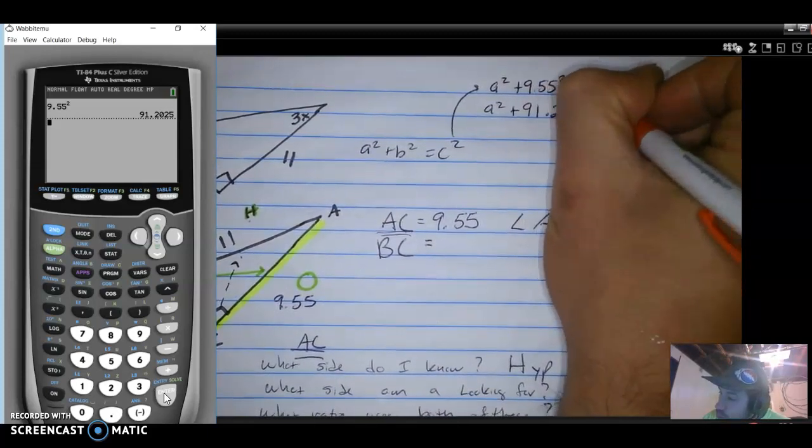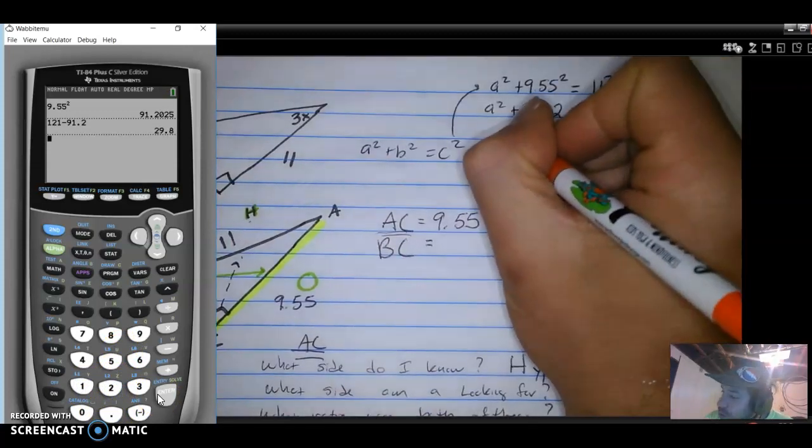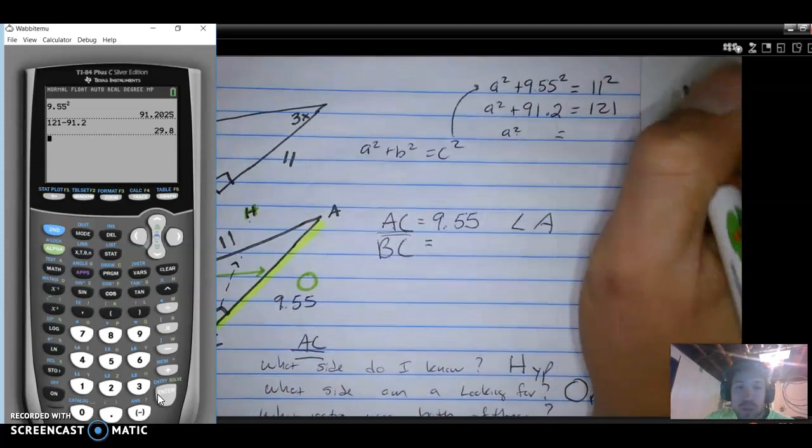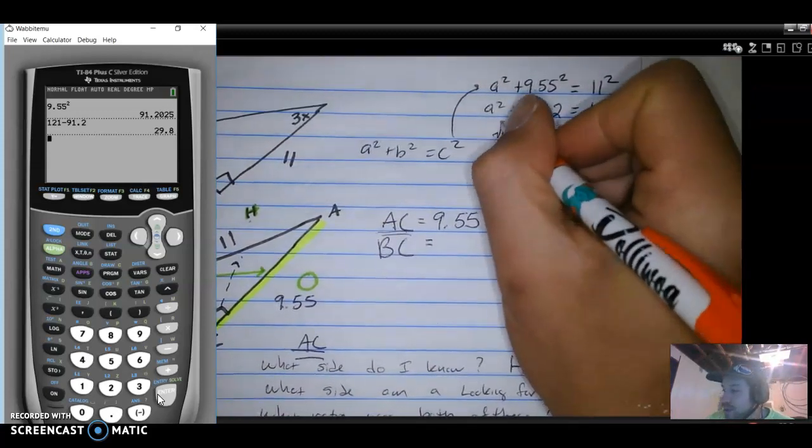A squared plus 91.2 is equal to 121. I can take 121 and subtract 91.2. And this gives me a squared is equal to 29.8. Square root.